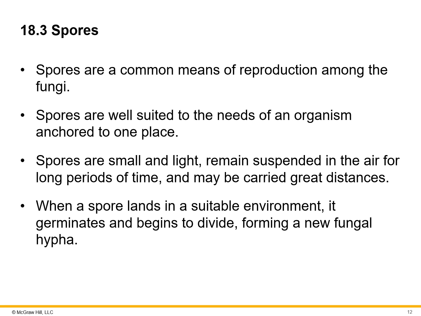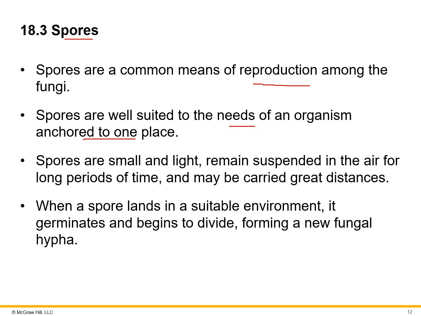Gamete was a familiar term to us because that's what our cells use, egg and sperm. Spores are kind of unique. Spores are a common means for reproduction in fungi. These are different than the endospores of bacteria, that dormant state. These spores are reproductive. They're meant to allow for reproduction. They are well suited for organisms that are anchored in one place.